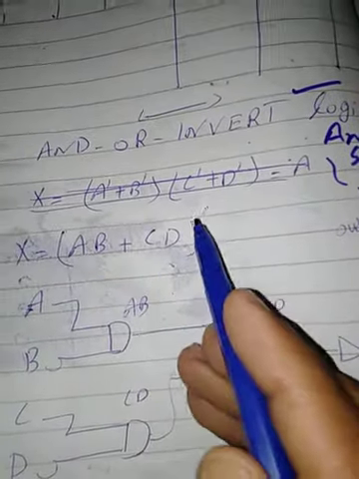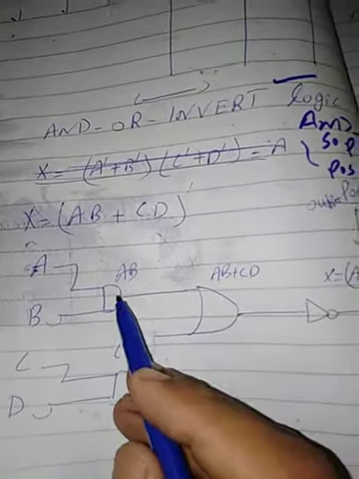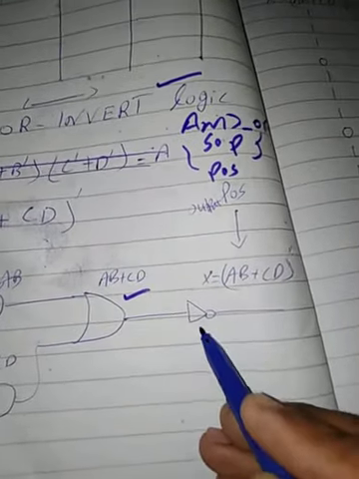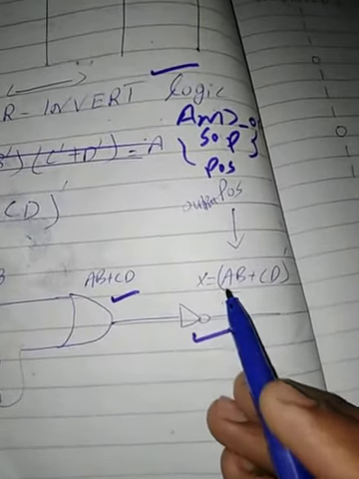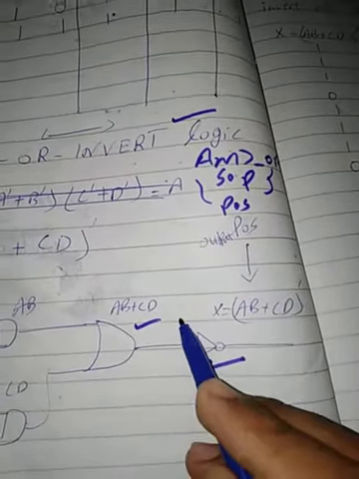Then look at the expression AB plus CD whole complement. This expression is the same as AB plus CD, except that at the end I am taking its invert. So its logic diagram is A, B, C, D passing through the AND gate, then through the OR gate, then this is a NOT gate or invert gate. So the expression is x equal to AB plus CD, whole complement. This is the same as the previous, except that at the end I use this gate, which is an invert gate or NOT gate.